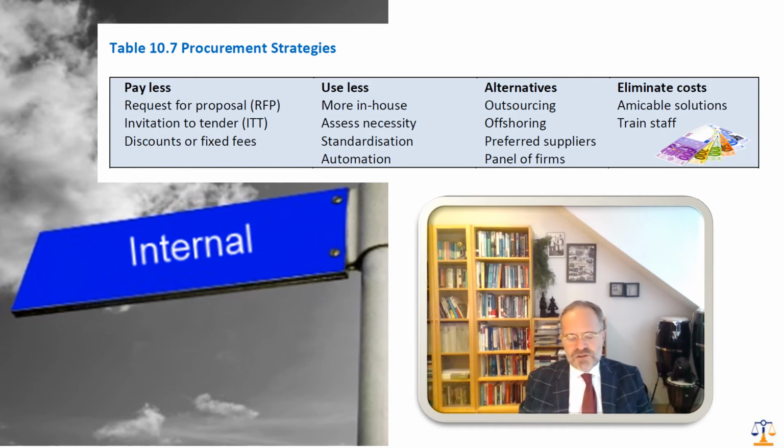You can also use the staff to complete templates as much as possible, and in that way reduce the work of the legal department. So you see there are various options with which you could be able to save on the cost of legal or to improve the effectiveness of legal.